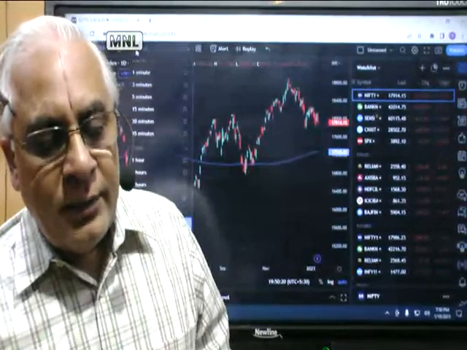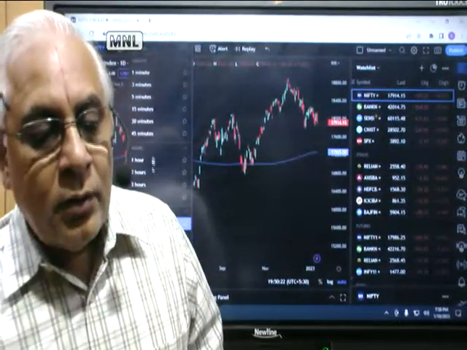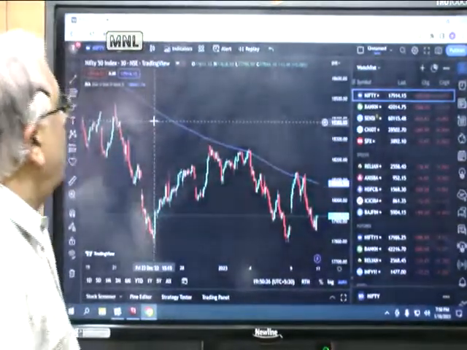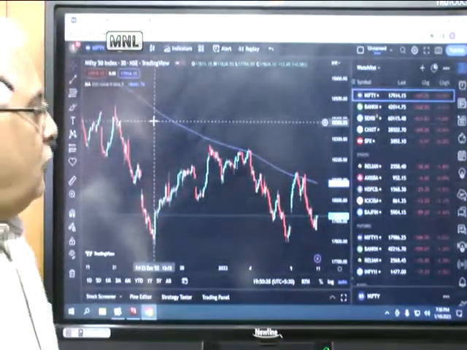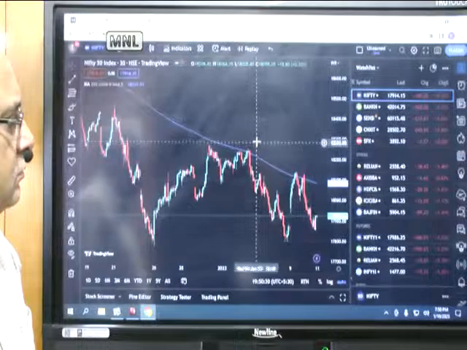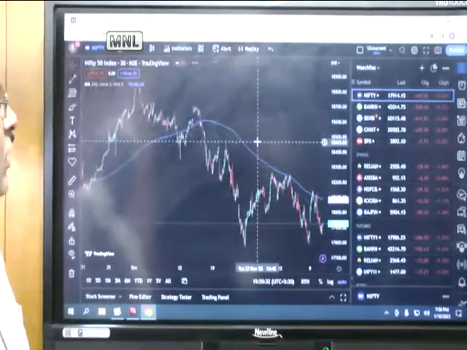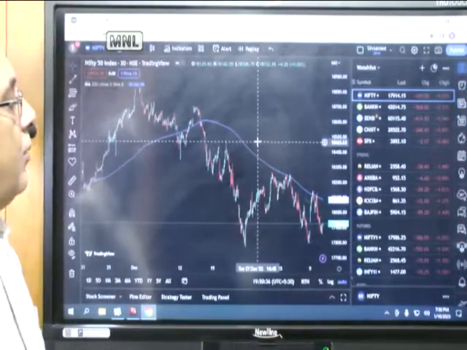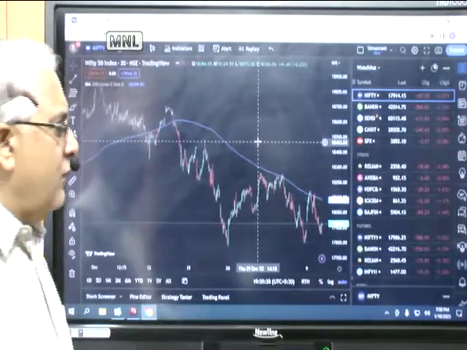Now let us look at the 30 minutes chart. So this is the Nifty 30 minutes chart, right? We are not looking at the 200-day moving average. I'll leave it there.